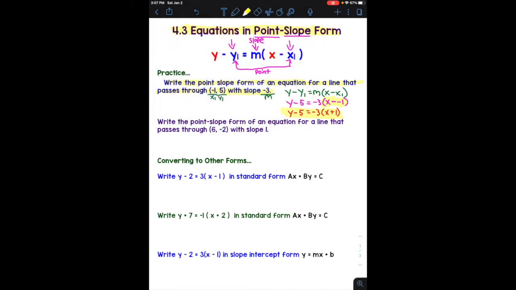It says, write the point-slope form of an equation for a line that passes through (6, -2) with a slope of 1. So again, I'm just going to copy our model, y minus y1 equals m times x minus x1. The ordered pair that they give us represents the x1 and y1 values, and m always stands for slope.